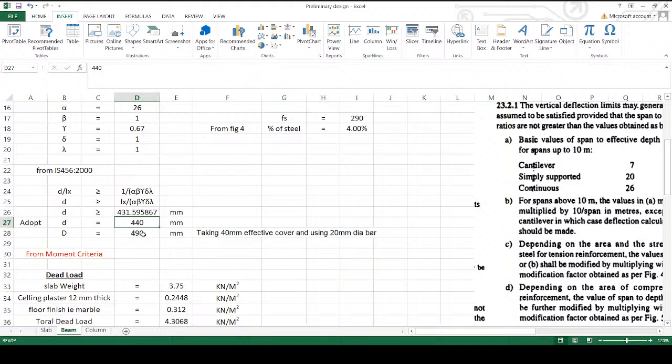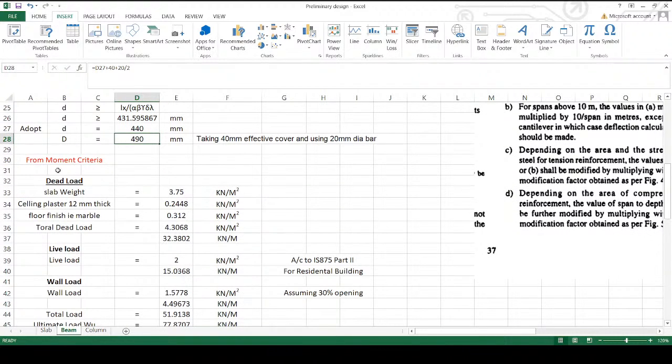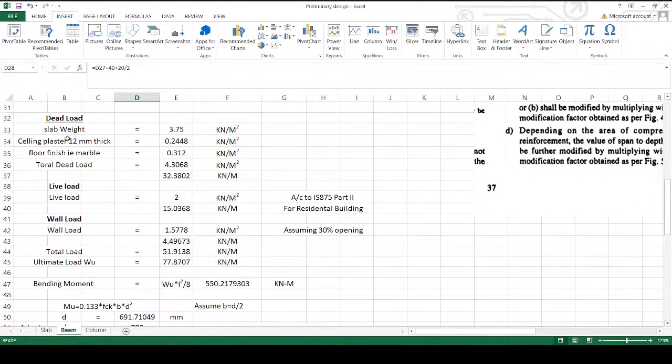Small d is our effective depth, and capital D, the overall depth, is equal to effective depth plus clear cover plus diameter of bar by 2, taking 14 mm effective cover and 20 mm diameter bar, which gives 490 mm from the deflection criteria. Then we have to design for the moment criteria.